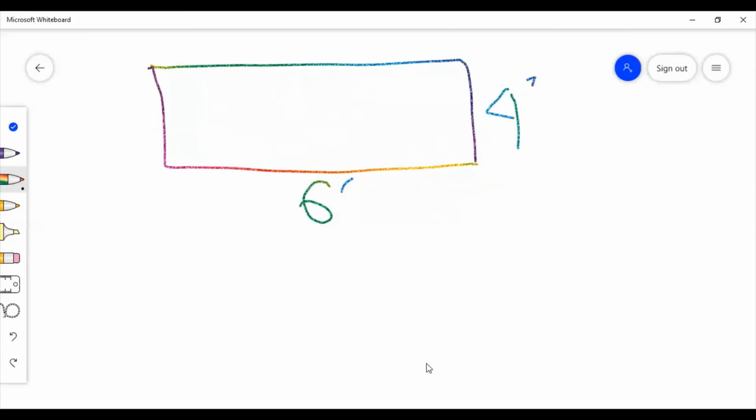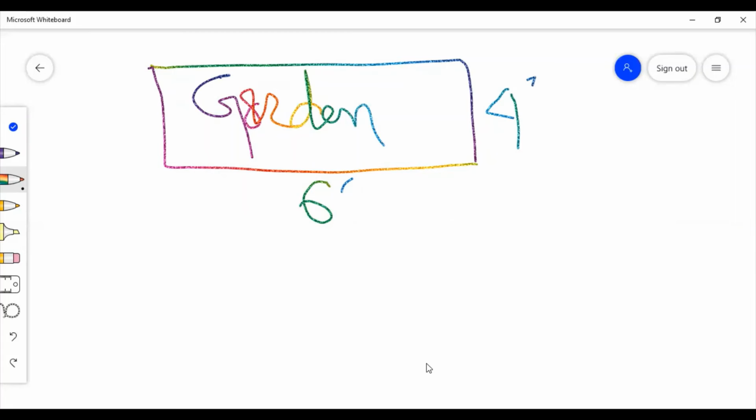She wants to double the area of her plot by increasing the length and width by x feet. What is the value of x? So this was the original garden.